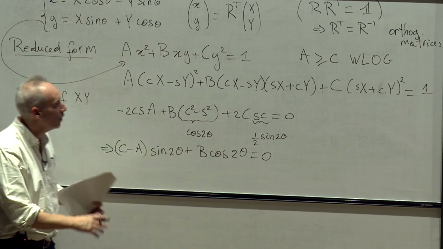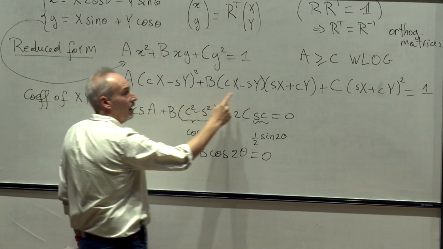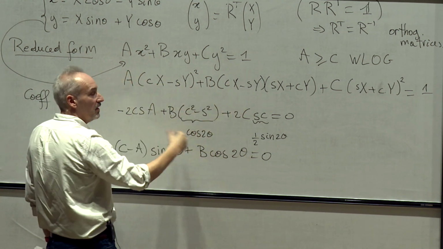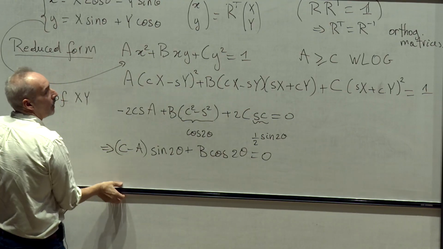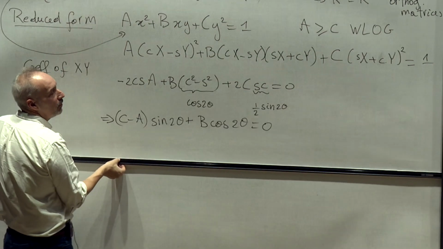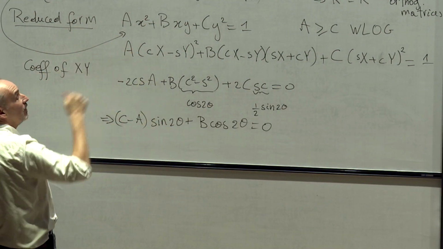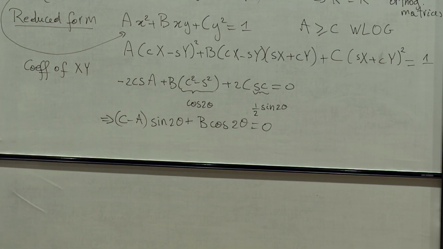It's equal to 0 because in the new coordinates, capital X and capital Y, I want this term to disappear. The whole point is to choose the angle so that in the new coordinates I do not have the cross term.